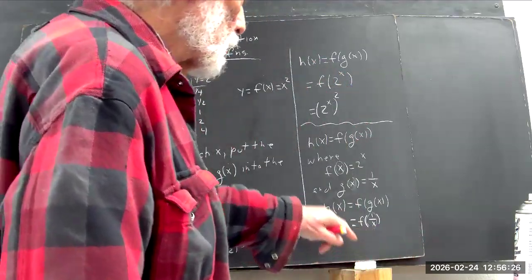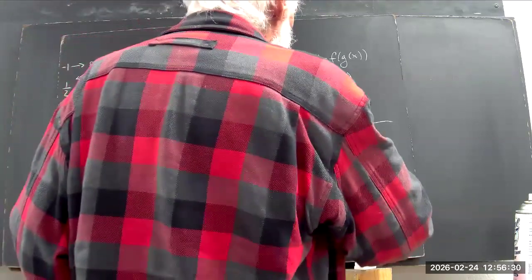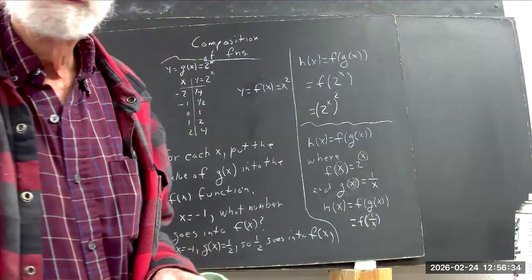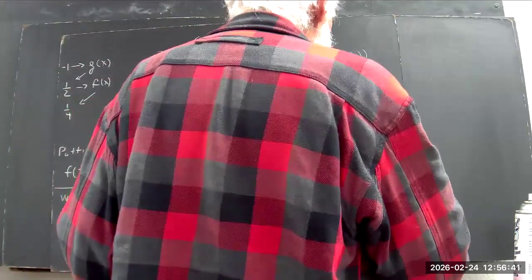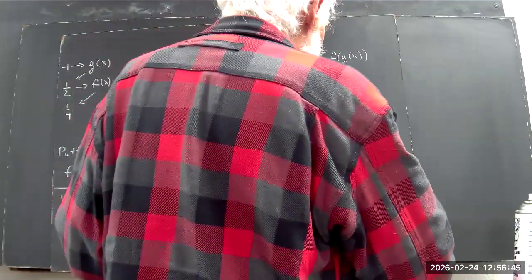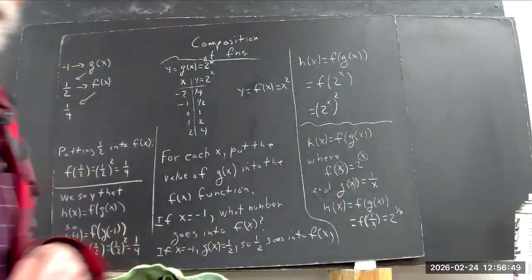It's f of 1 over x. So x is being replaced by 1 over x. So we say f of 1 over x is equal to what we get when we replace this x by 1 over x, which is 2 to the 1 over x.